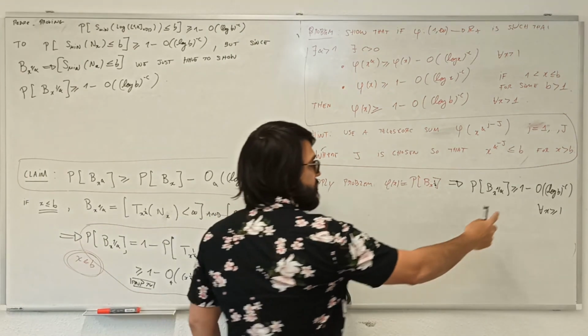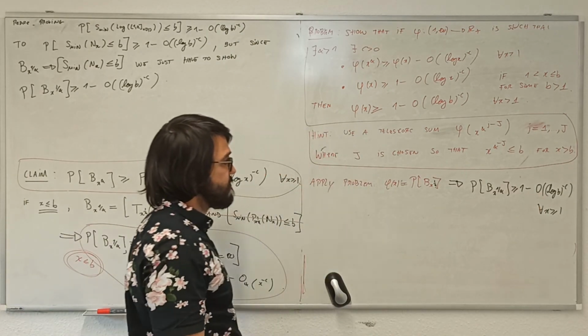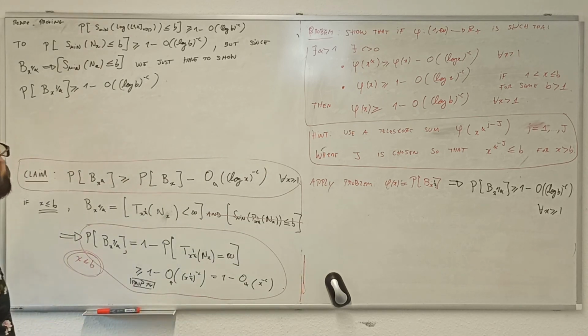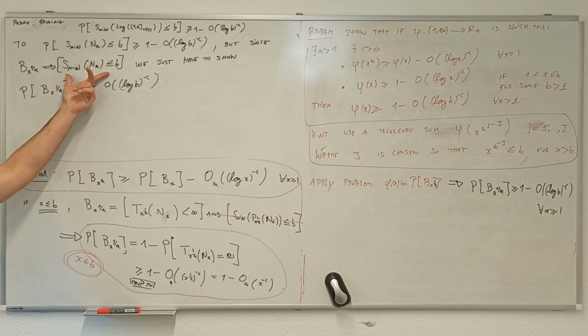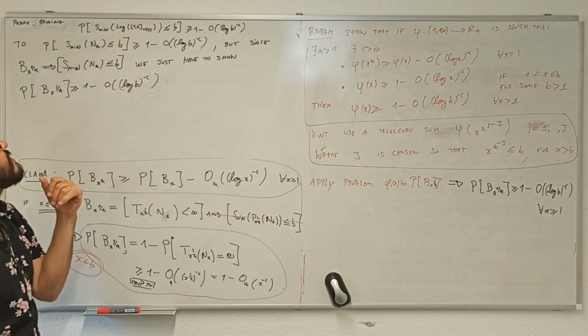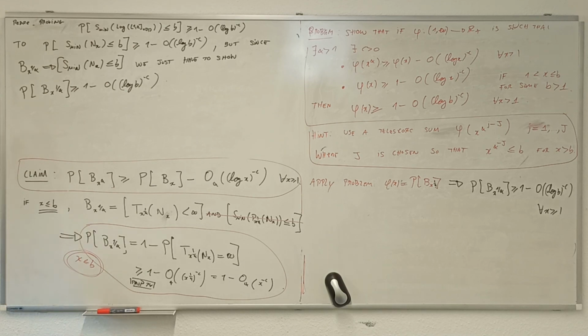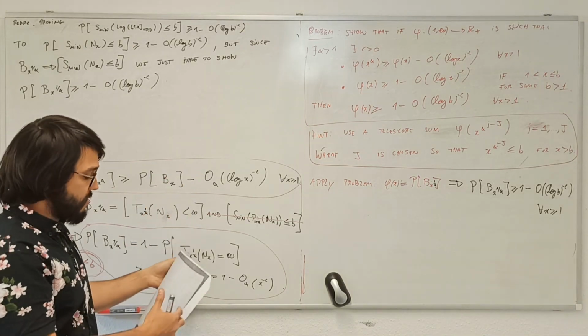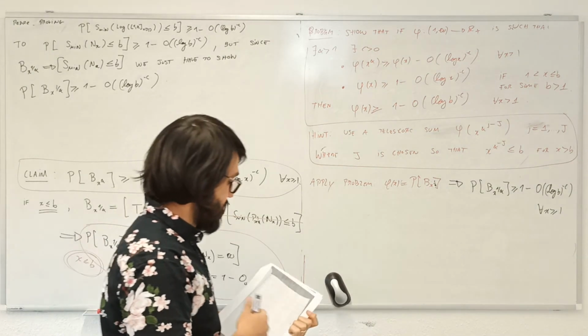No constant here depending on x uniformly. That's all we wanted to show, because from this you can go back and bound this from below by the same thing, and from bounding this from below you can go back and then bound this from below, which is exactly what we wanted. Okay, so from the problem we finish.